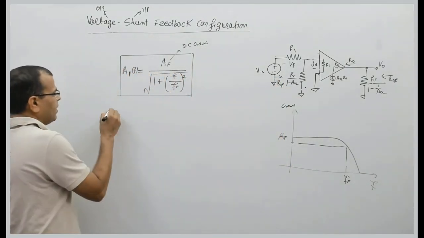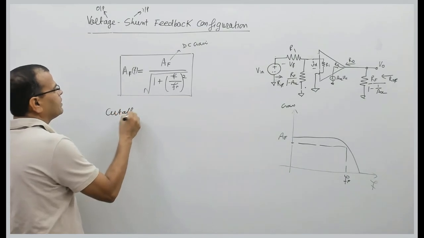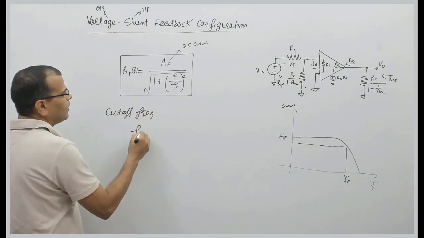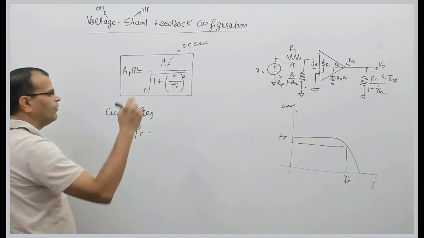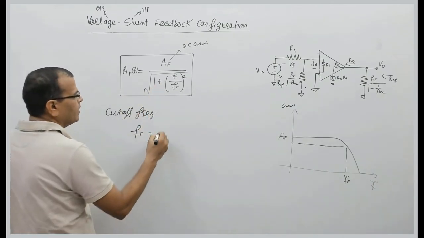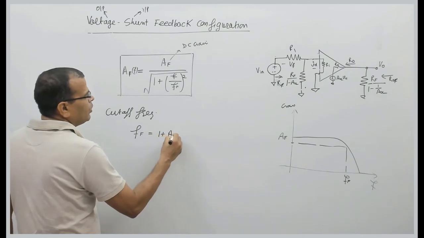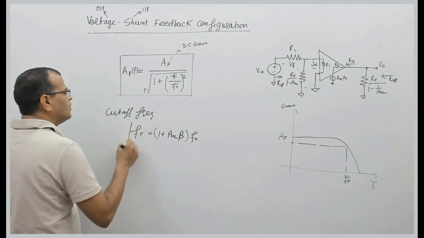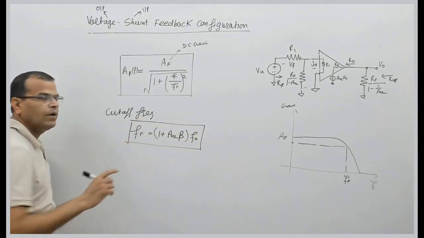Now, remember, cutoff frequency or bandwidth. Cutoff frequency is same as bandwidth here. The cutoff frequency for closed loop configuration of this, that is inverting amplifier, is given by 1 plus AOL beta multiplied by F naught, that is cutoff frequency without feedback.